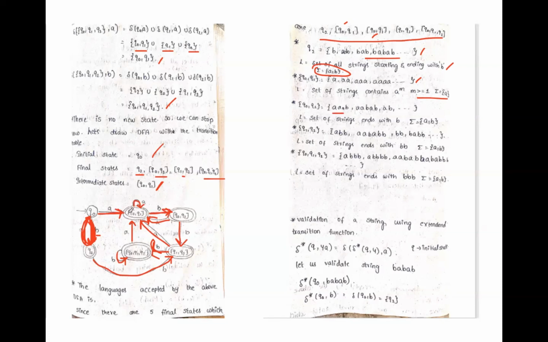Or else B, and here you have one more path, A and then B. So that is B, or it can even be AB only, and so on. So this can be written as the set of strings that end with B.